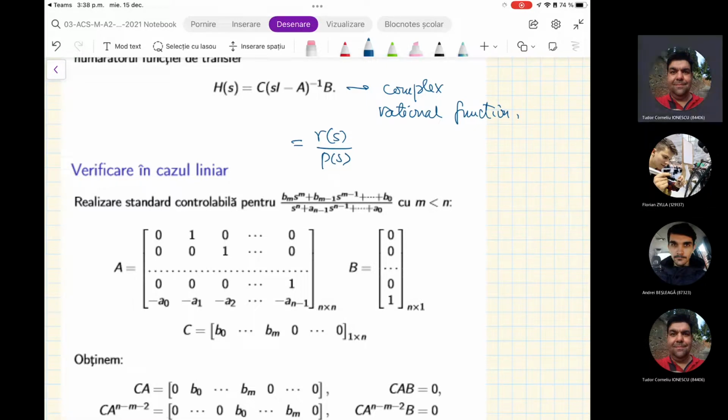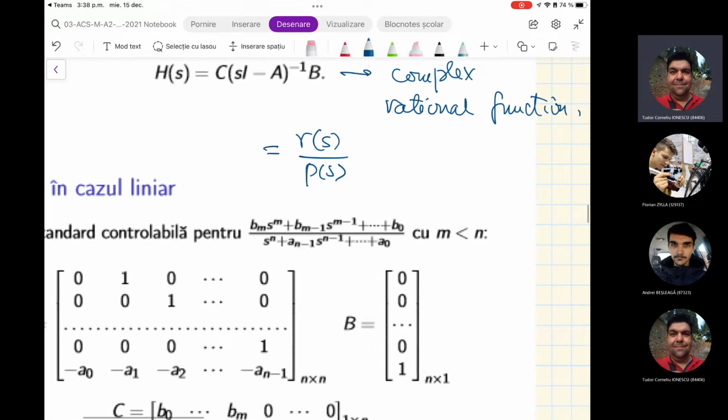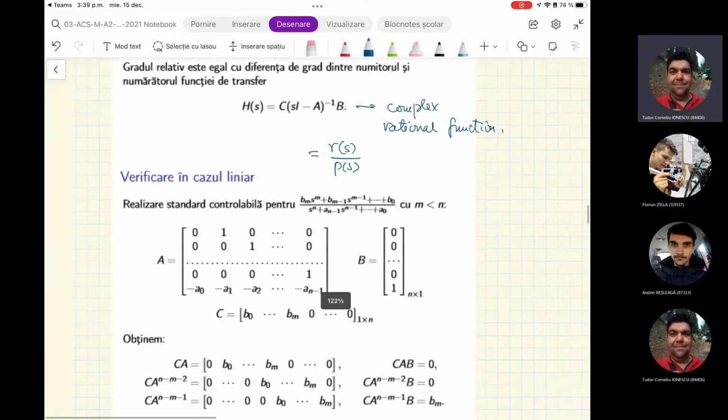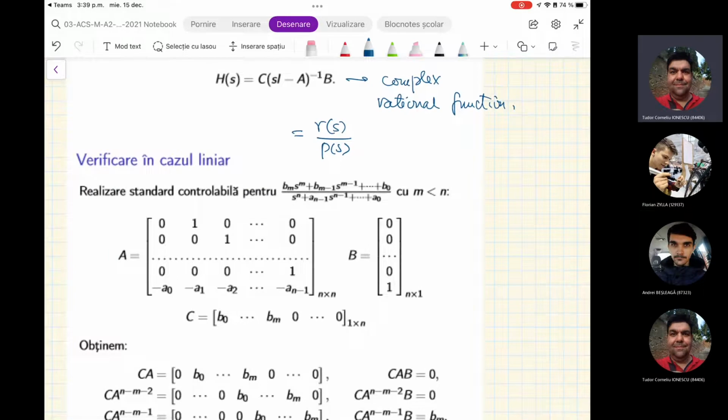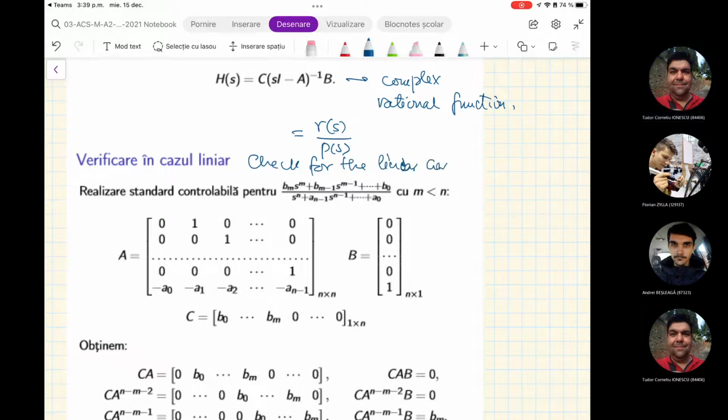We assume, first of all, that the denominator is monic, with leading coefficient equal to 1, and that the numerator has degree m less than the degree n of the denominator.